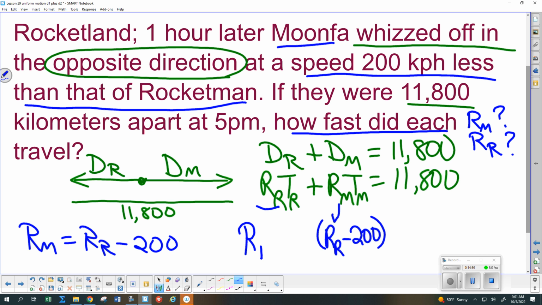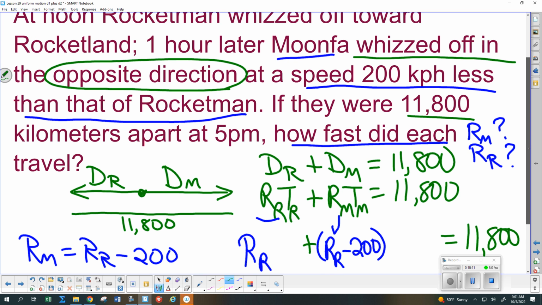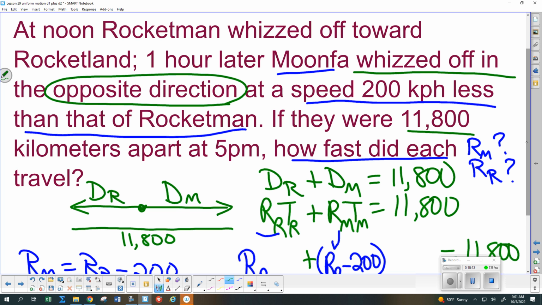Anything that I know about the times? Back up where you can see the whole thing. That would help a little bit. So tell me anything about how long they were each going. Nick, does it tell me anything about how long they each traveled?